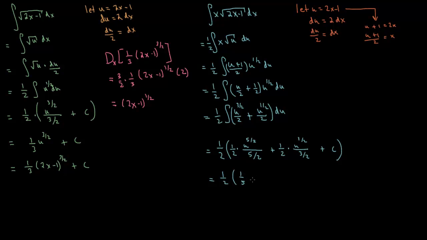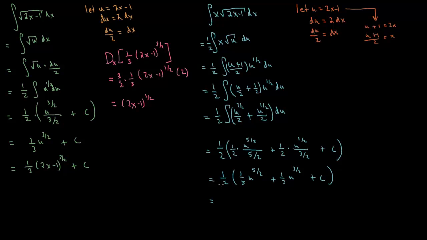That's 1/5 times u to the 5 over 2 plus, all right, I have 3 halves. I need to take the reciprocal and multiply, so that's 2/3 times 1/2. That results in 1/3 u to the 3 halves plus c.